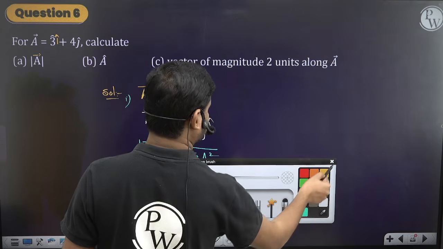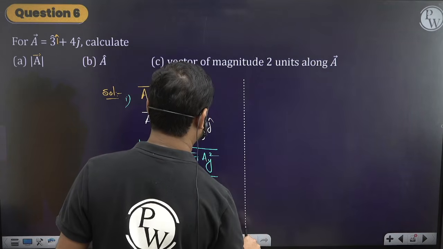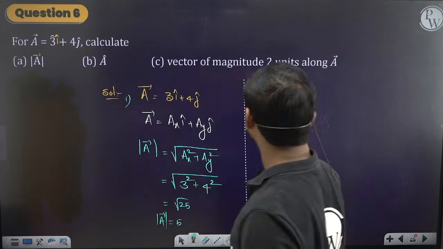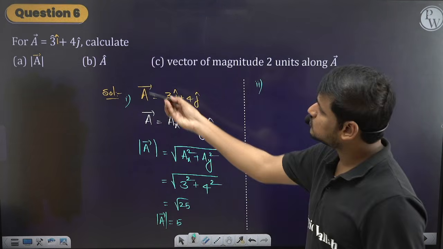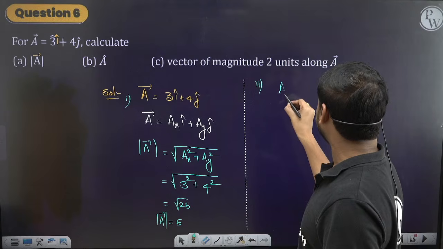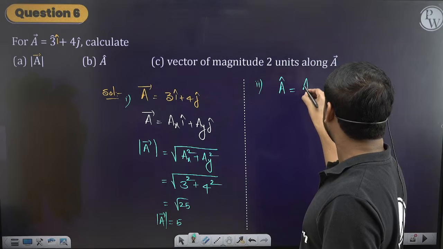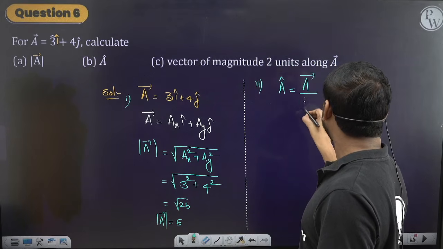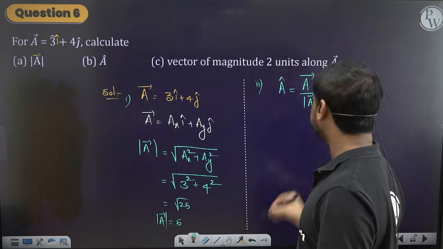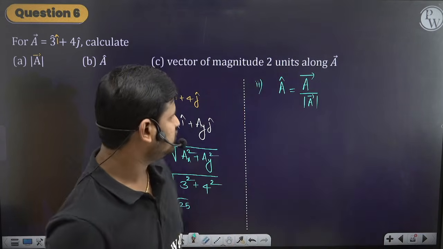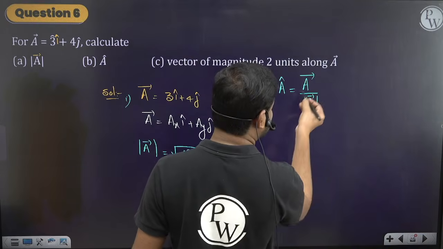Chalo. So next, see here. What does the second question say? The second question says we have to find the unit vector of A. What is the formula? Vector A by the magnitude of vector A. So what is vector A?